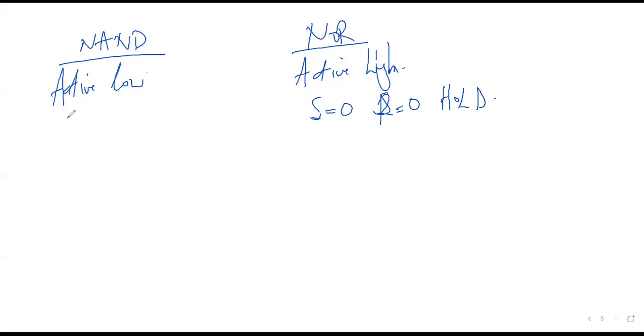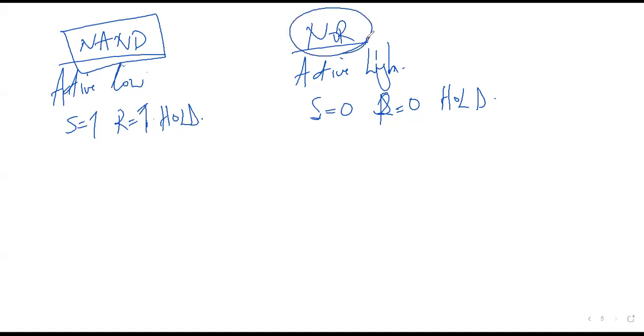But here is the opposite. This becomes my hold. Active low, active high. They are the opposite of each other. If I had to explain everything using the NAND gates, you see there is a difference from when I explained it using NOR gates.